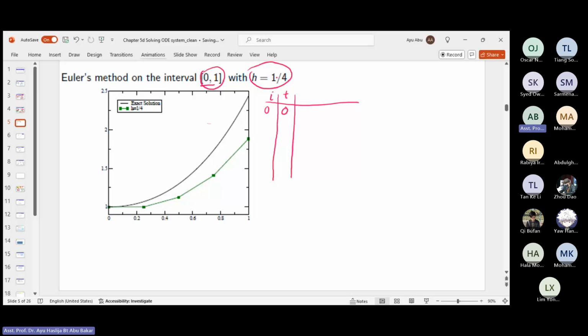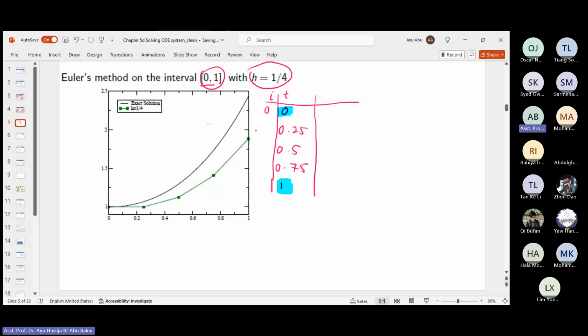Step size 1 over 4 means 0.25. So your points follow the steps until 1. That is your range. The interval means from the lower range to the higher range.